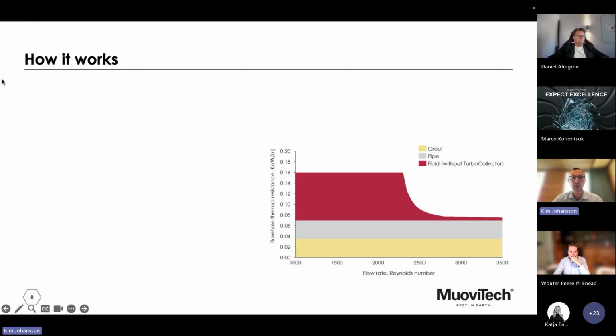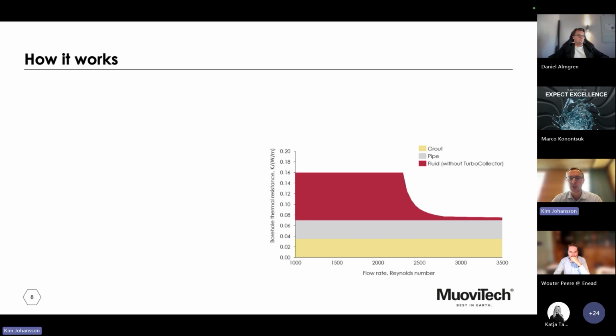So how does this work? We're going back to the graph that we showed in the first slide, where we can see that we need about 2,300 of Reynolds number before we have this transition from laminar to a more turbulent flow.